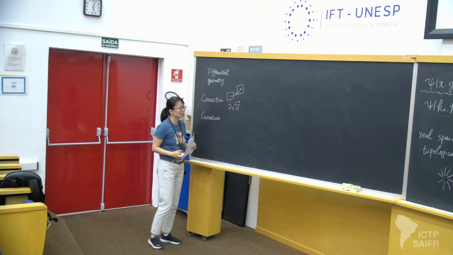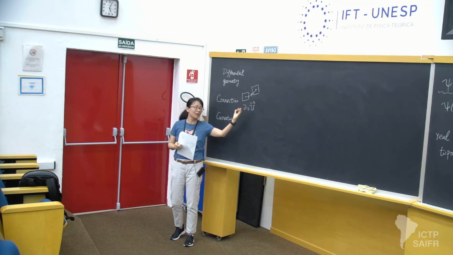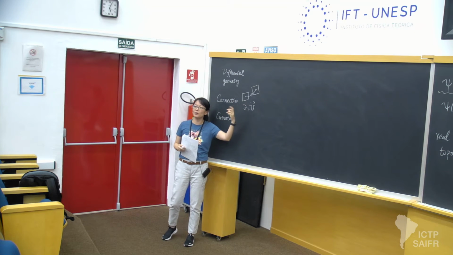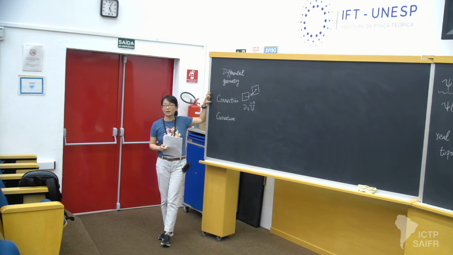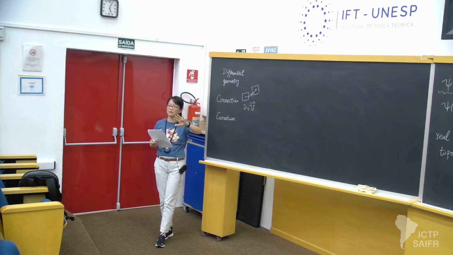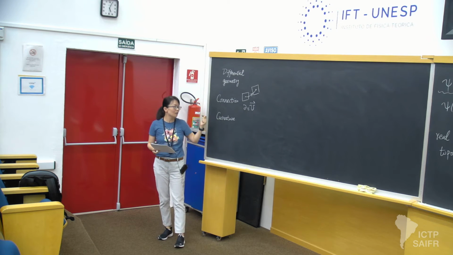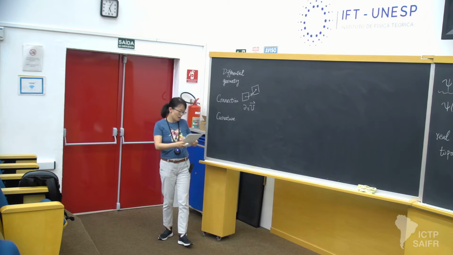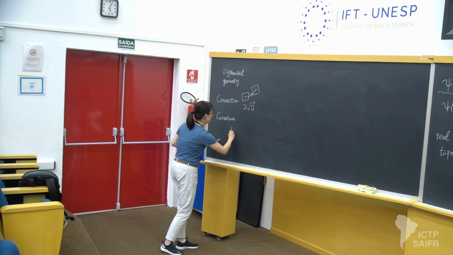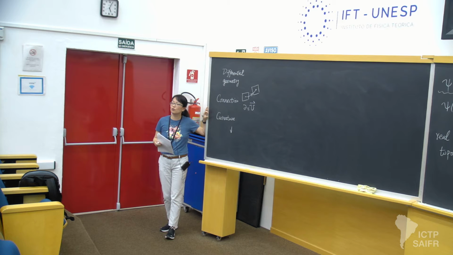We can get the curvature. I don't want to write it as a square because it's a tensorial object, and you need to be careful with the subscripts. But basically, you first define the connection that describes how the vector space changes from one point to the next point. And then you can take another derivative and construct a curvature tensor. And then for a geometric object, from this curvature, you can define the topology.